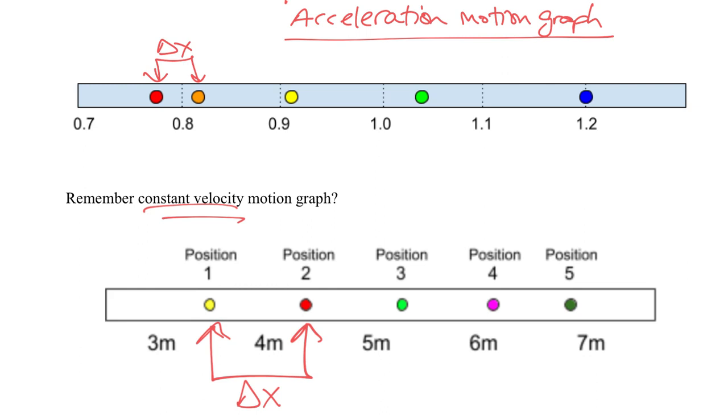Acceleration is growing. From this motion graph, you cannot say the acceleration is growing. We actually took this data from a situation where acceleration was constant, so it wouldn't be growing. But what is growing? Brooke? Velocity. How can you tell velocity is growing?